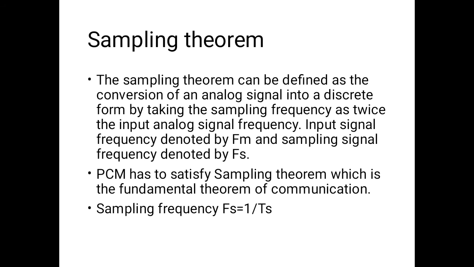PCM has to satisfy the sampling theorem, which is the fundamental theorem of communication, and the sampling frequency is represented by Fs, which is the reciprocal of Ts, the time taken for each sample.